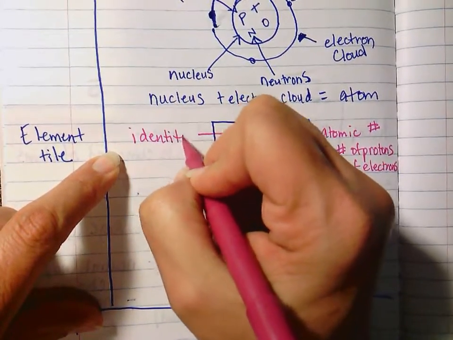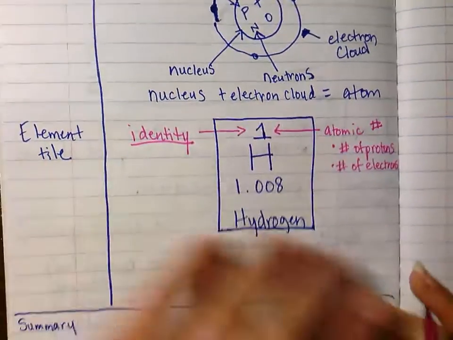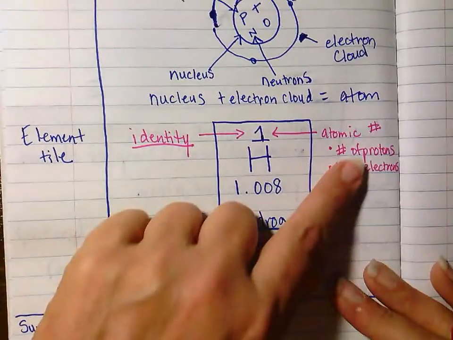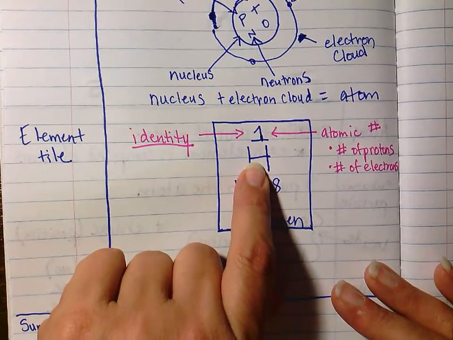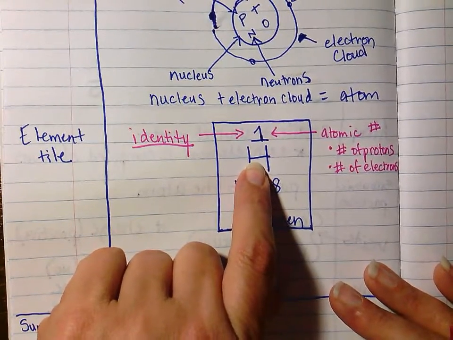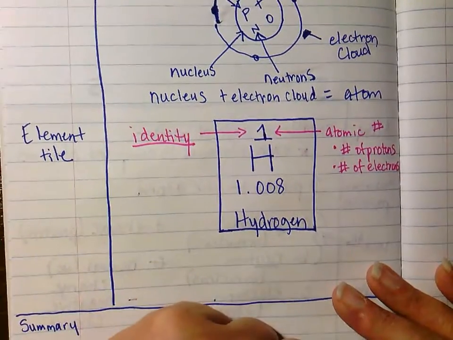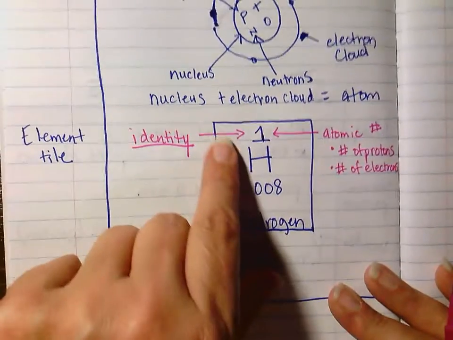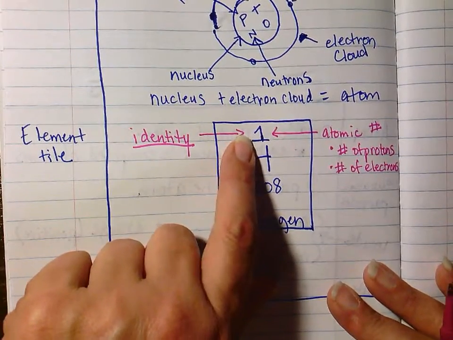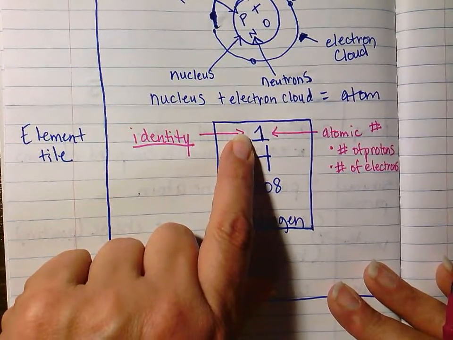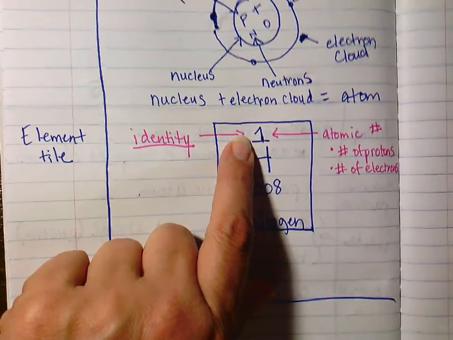And it's very important that you know that. If we add 1 more proton and it becomes number 2, it's no longer hydrogen. It now becomes helium because it has 2 protons in it. So that number up top creates or identifies the element. And if this number changes, the type of element it is changes as well.